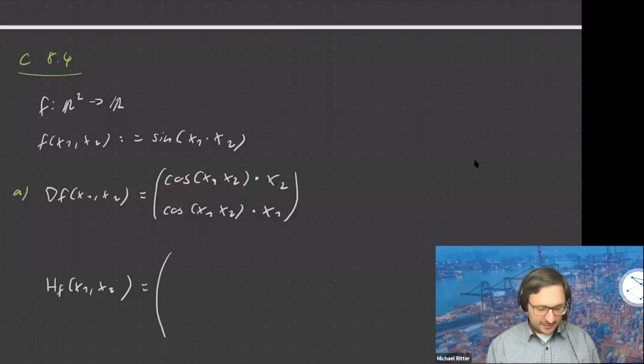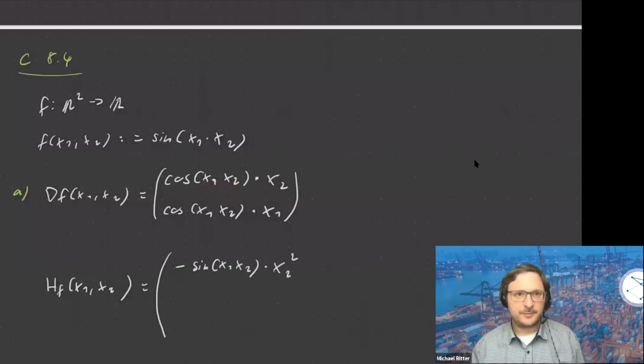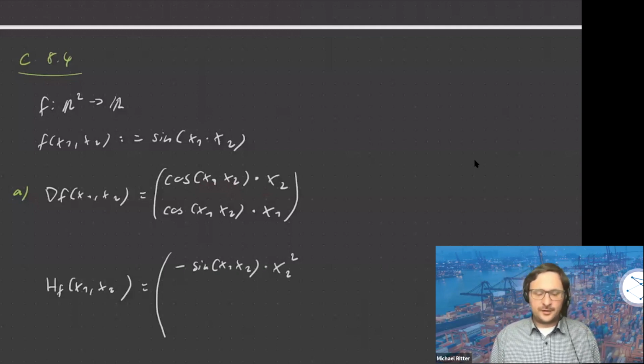And again, we need to then multiply with the derivative of that inner function. So what we get is the negative sine of x1, x2 times, differentiating this expression with respect to x1 again yields x2, and we still have that x2 out here. So together that is x2 squared. Okay, so that's this first entry here.